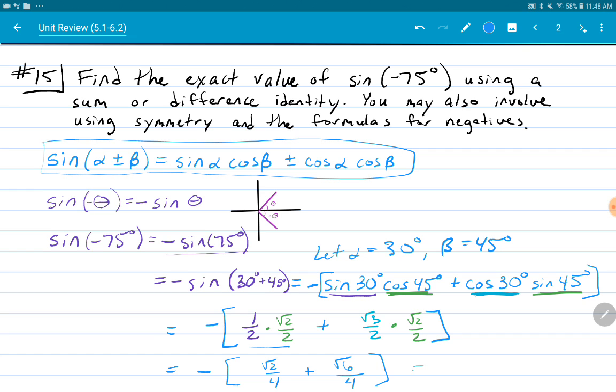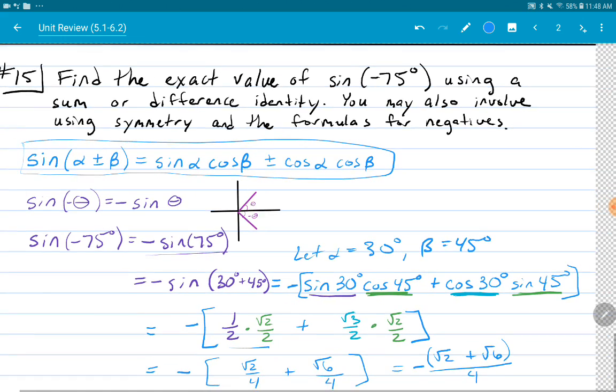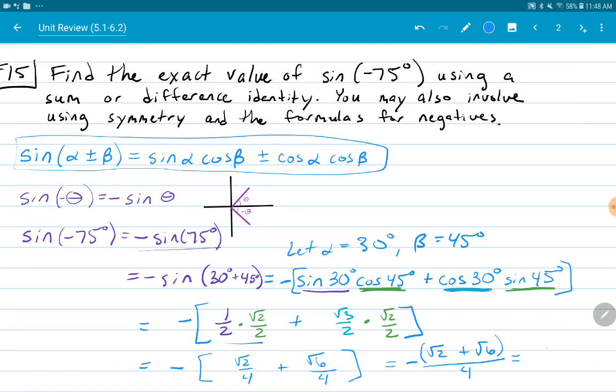So I get a negative out in front of radical 2 plus radical 6 all over 4. And I can distribute that negative, so I get negative radical 2 minus radical 6 over 4 as my final answer.